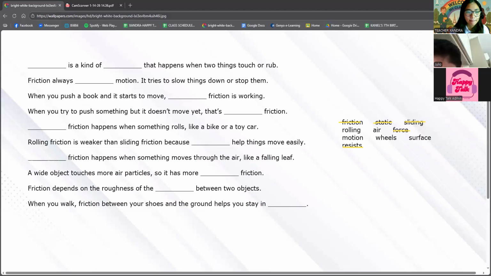Blank friction happens when something rolls, like a bike or a toy car. Here, you just have to read it. That's rolling friction. Rolling friction is weaker than sliding friction because blank helps things move easily.